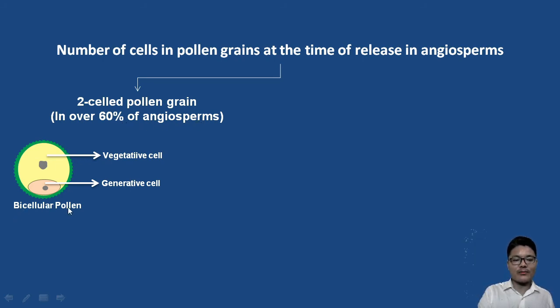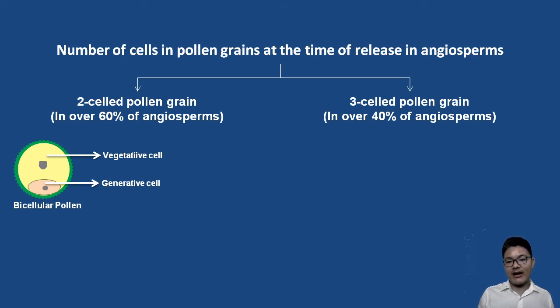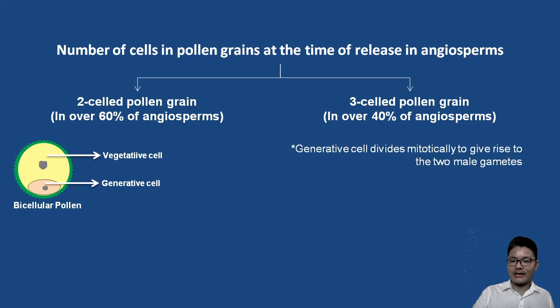So bicellular or two-celled pollen grains are released by 60% of flowering plants or angiosperms. 40% of flowering plants usually release three-celled pollen grains. That is, we have three cells within the pollen grain.